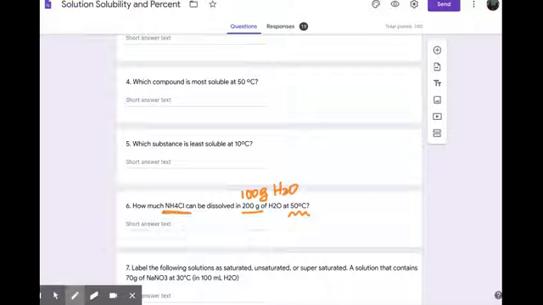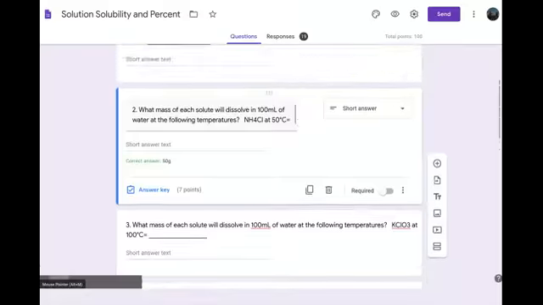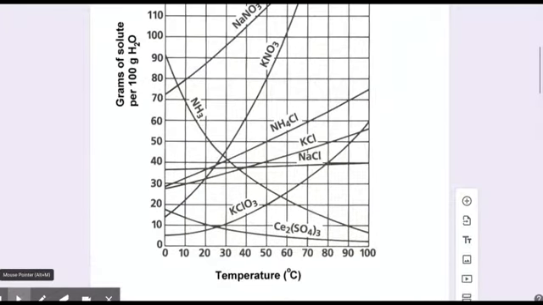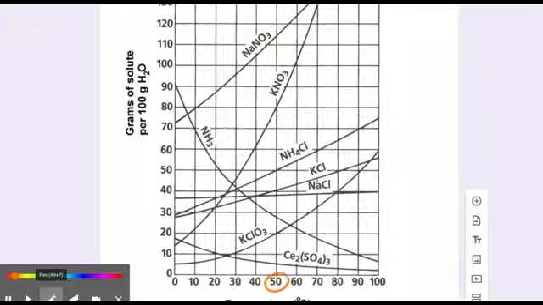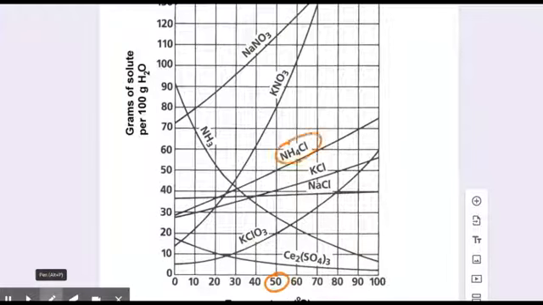Let's find how much NH4Cl, ammonium chloride, can be dissolved at 50 degrees Celsius in that table. 50 all the way up to ammonium chloride is actually 50.